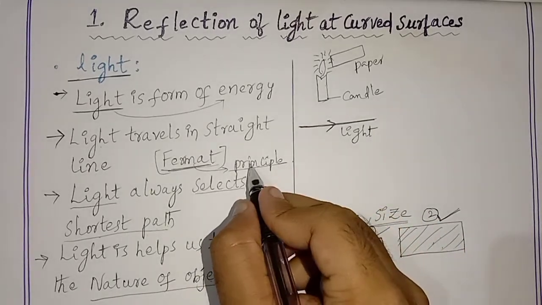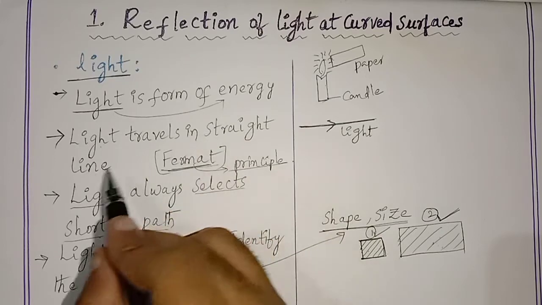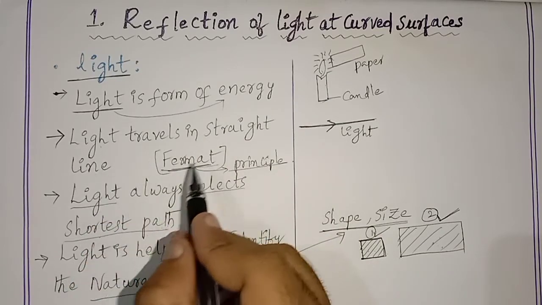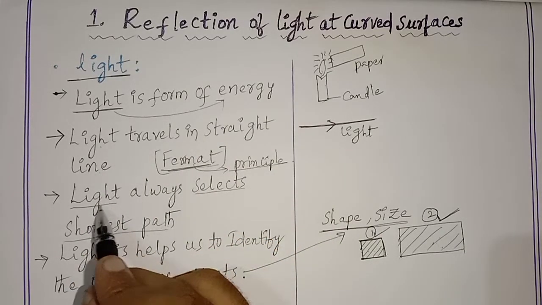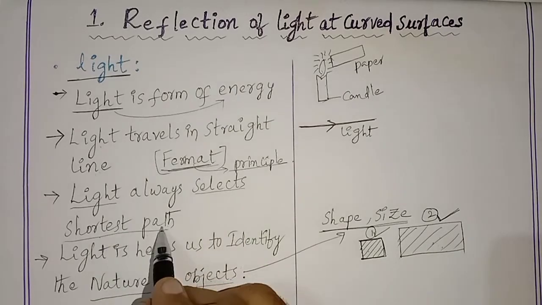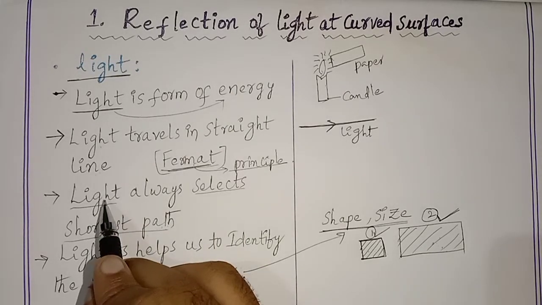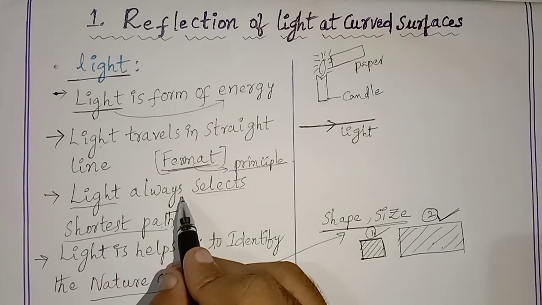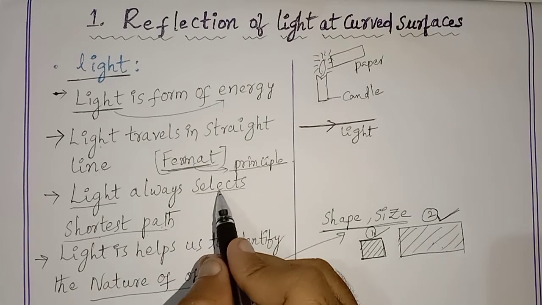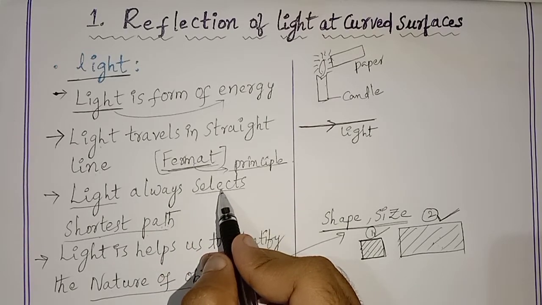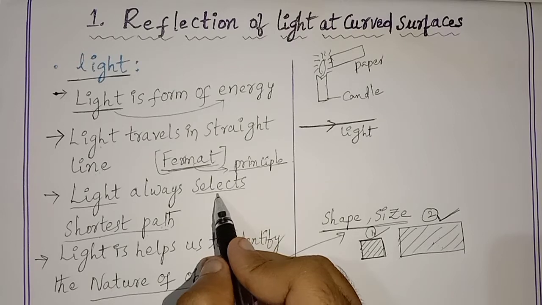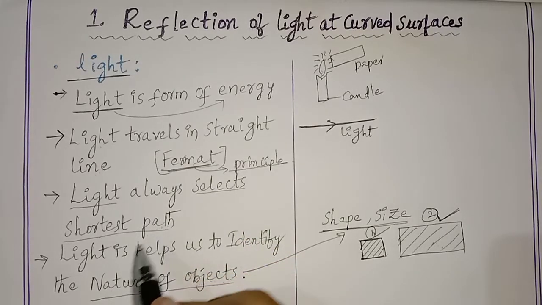According to Fermat principle, light travels in a straight line. And one more important point we have discussed: light always selects the shortest path. It means light always travels with high speed, and it always chooses the shortest path, the least path we can say.